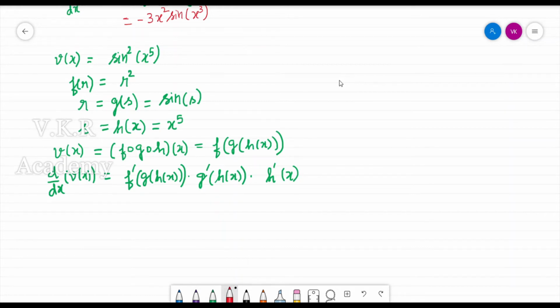From these assumptions we get f dash of r is equal to 2r. So f dash of g of h of x is equal to 2 times sine of x power 5.